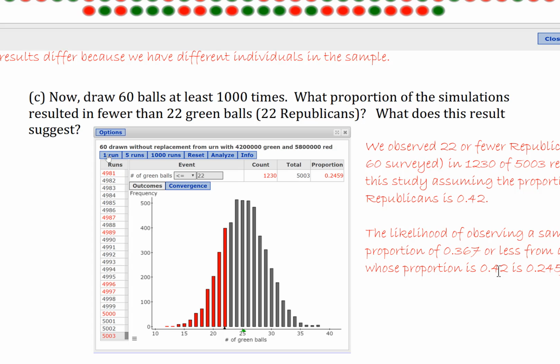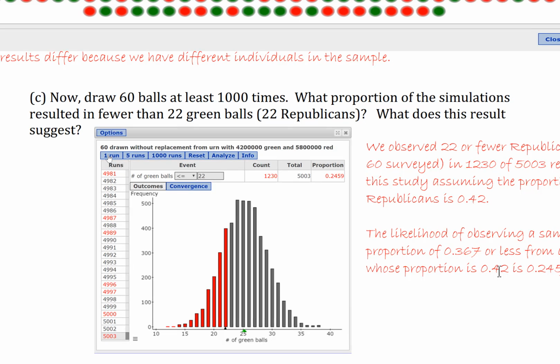Not at all unusual. It could happen 25 times out of 100 by pure chance that you would only get 22 Republicans out of 60, even though the population proportion is 0.42. You saw it can happen that way. So the Republicans don't have a beef, at least from a statistical point of view.